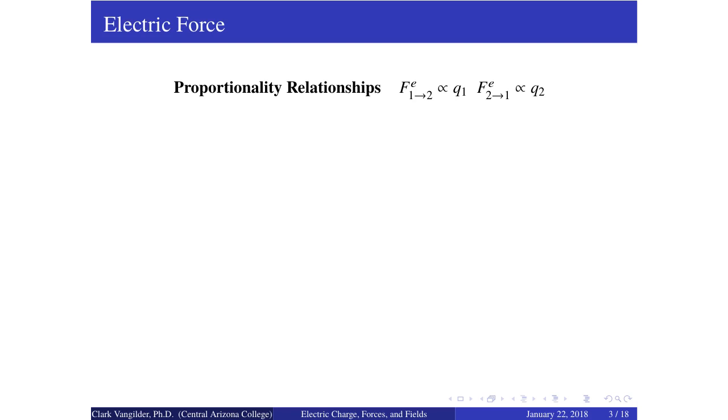So I want to cause you to recall stuff that we did last semester and apply it to this semester. And so F with the superscript E, that means electric force. And there was an electric force of, say, tape 1 on tape 2.